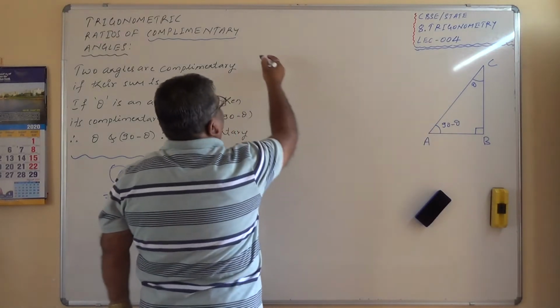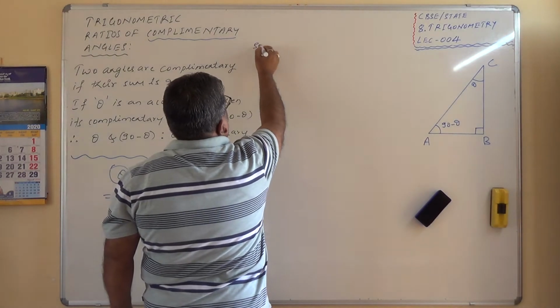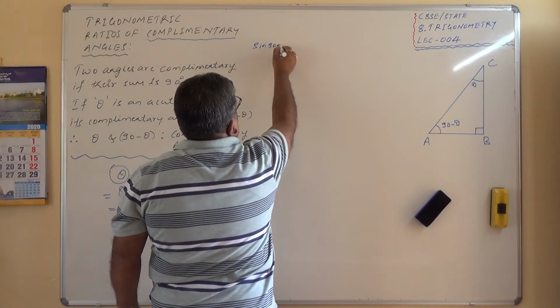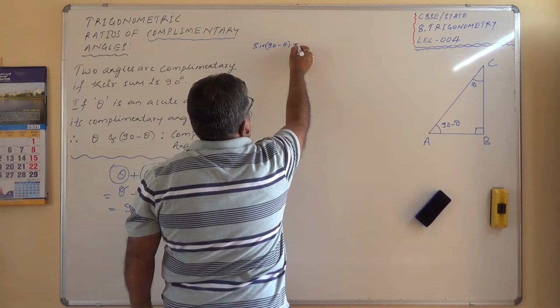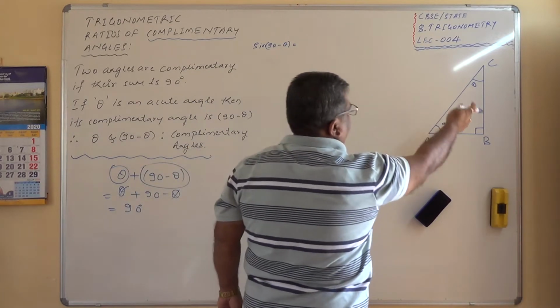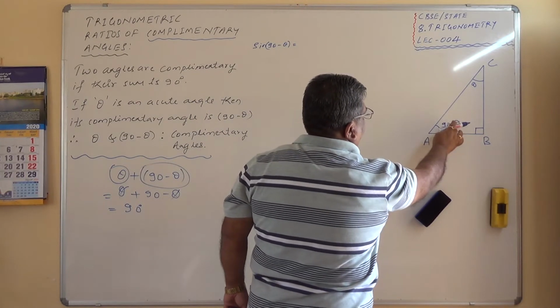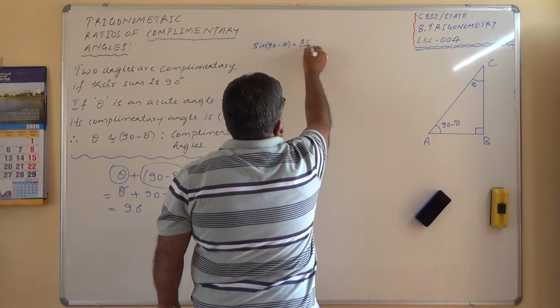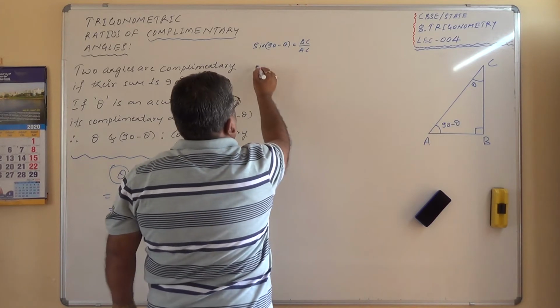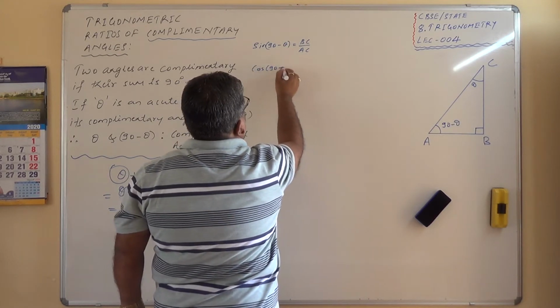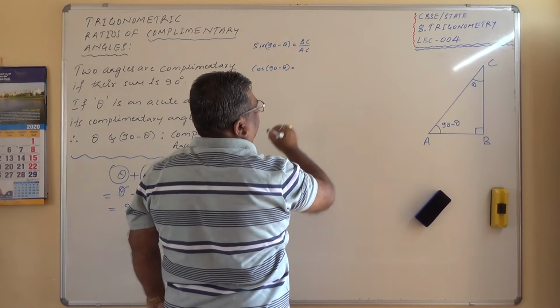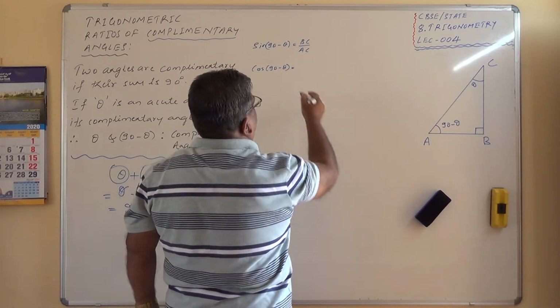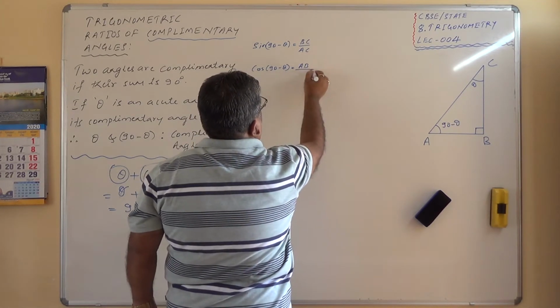Sine of 90 minus theta equals the ratio of the sides over here. Sine of 90 minus theta is BC by AC. Cos of 90 minus theta, AB by AC, adjacent by hypotenuse.